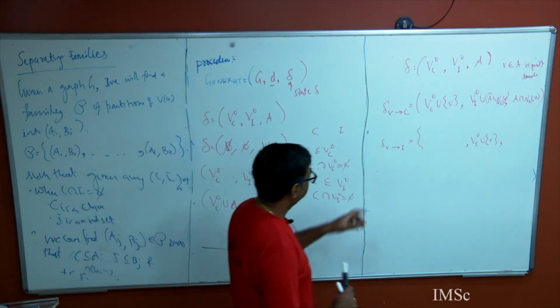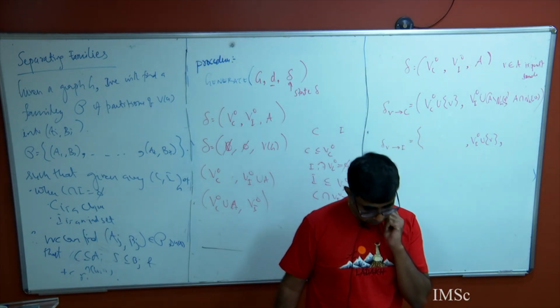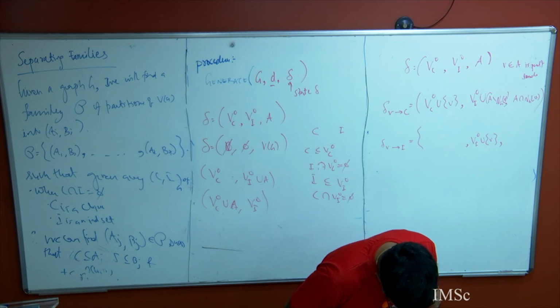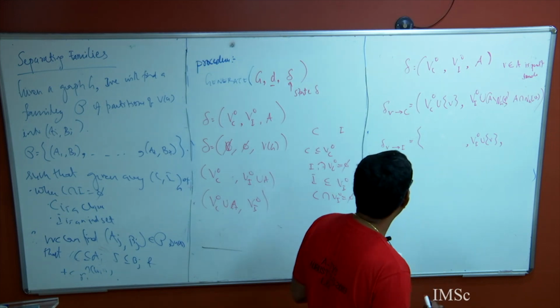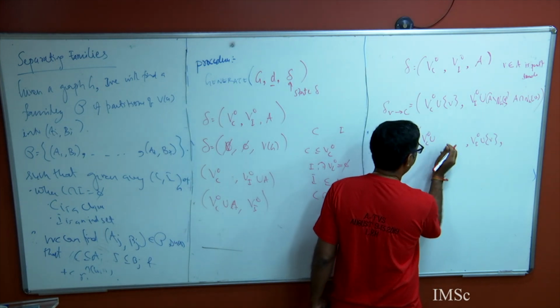But for now, suppose I decide to put V into I. So what happens here? What should I put here?